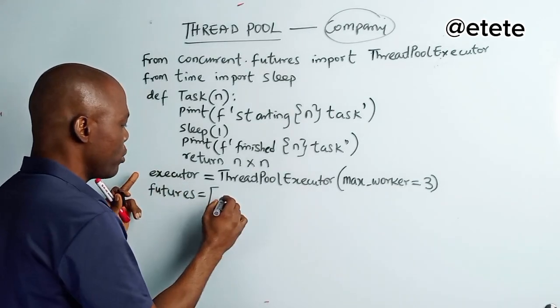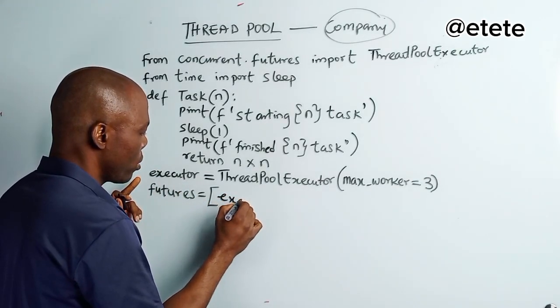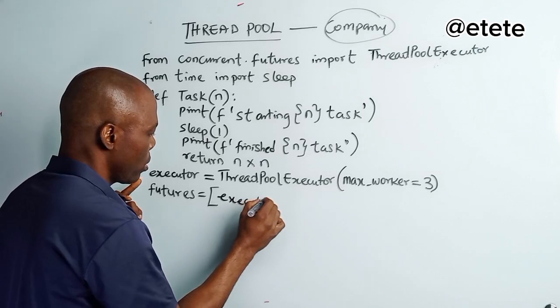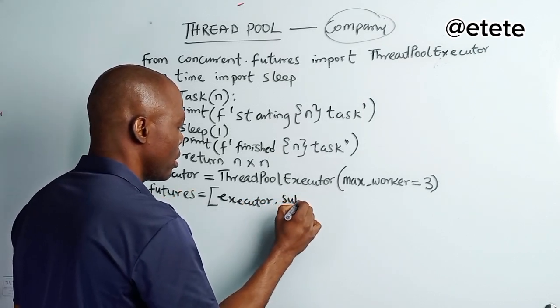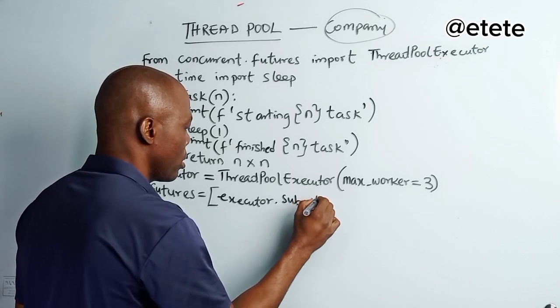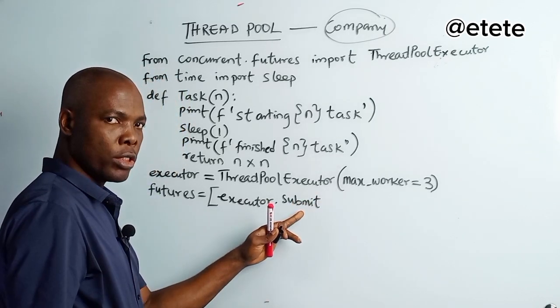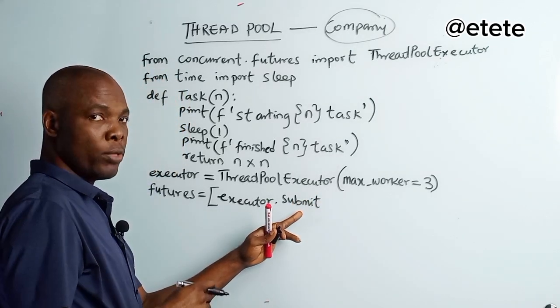So here I'm going to use the executor, right? Executor.submit. So I'm calling a submit method, right? From the ThreadPool executor class.